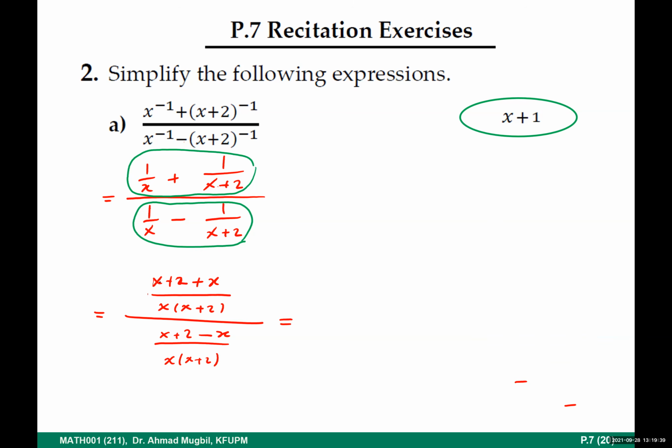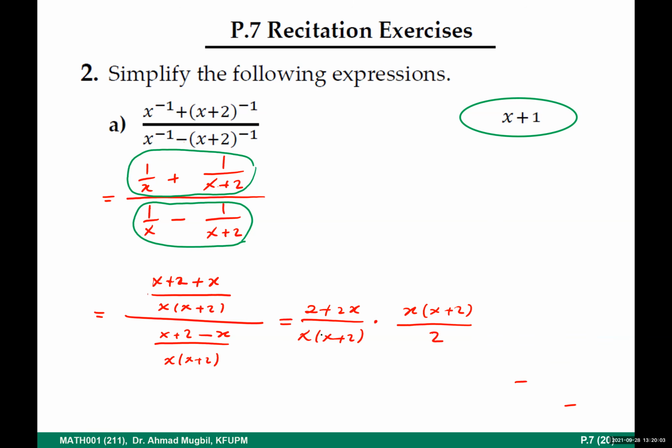You can add here x plus 2 plus x. What is this? This is 2 plus 2x over x times x plus 2, multiplied by, now you will invert this, x times x plus 2 over x plus 2 minus x. x minus x is 0, so it is over 2. And now you can cancel.